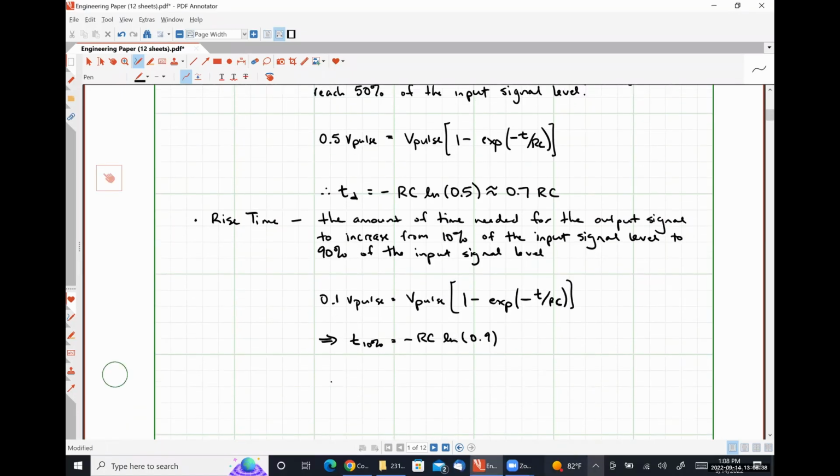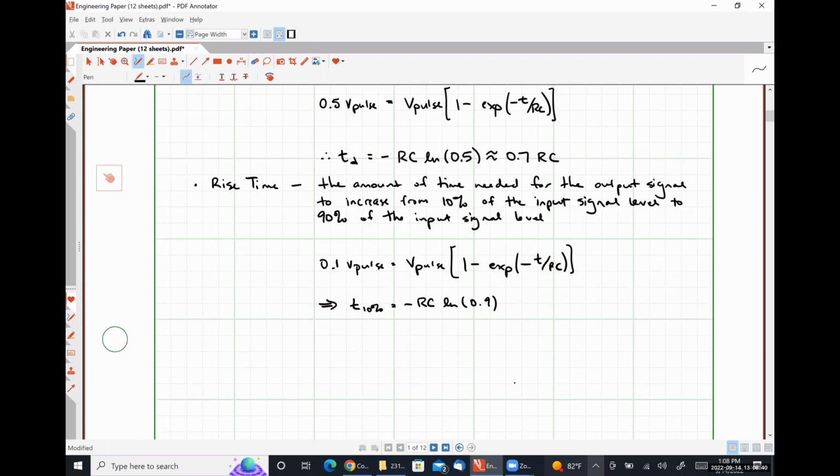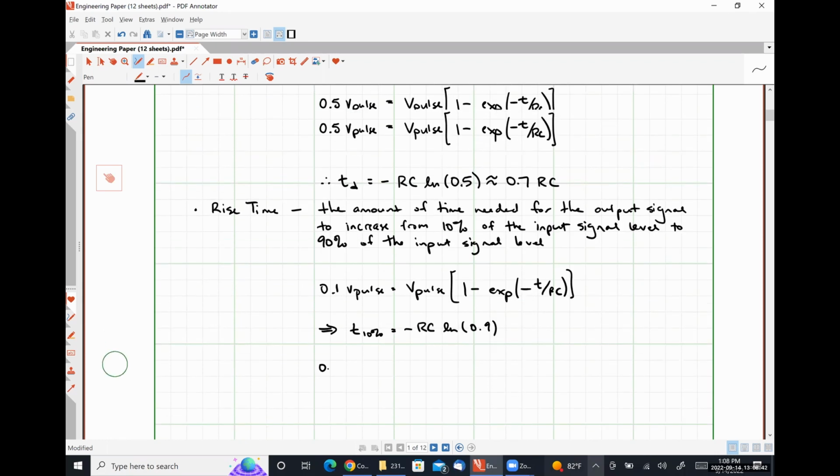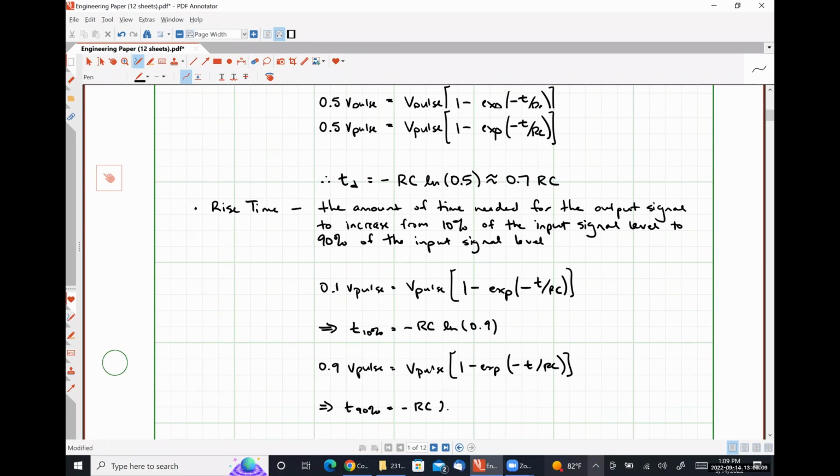And 0.9 times V pulse would look like V pulse times 1 minus exp negative t over RC. From here, the time it takes to hit 90% is just going to look like negative RC times the natural log of 0.1.